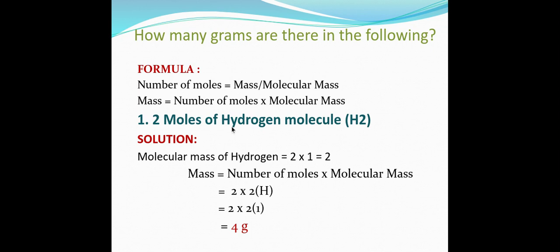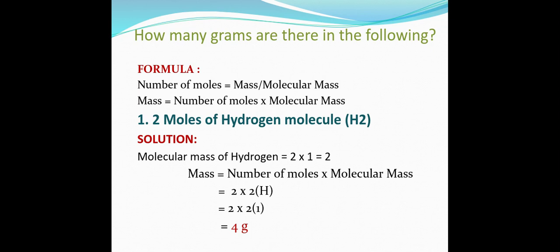Here they have given the hydrogen molecule, so you have to choose this formula: number of moles is equal to mass by molecular mass. You have to find the grams, that is the mass. So the molecular mass into number of moles is equal to mass. So mass is equal to number of moles into molecular mass.